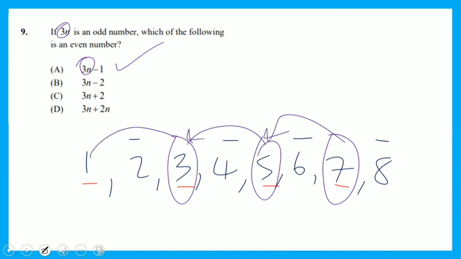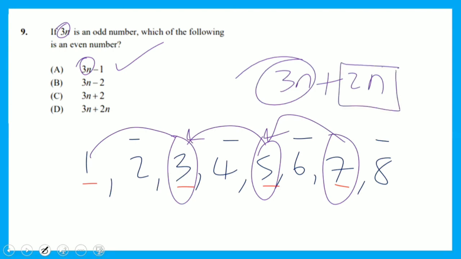We would end up with another odd number. 3n plus 2n: this is odd, and we're adding an even number to that. And why is it even? Because it's a multiple of 2n. If we should ever add an even number to any odd number, we will get back an odd number. And you can test those theories. So A is definitely your answer.